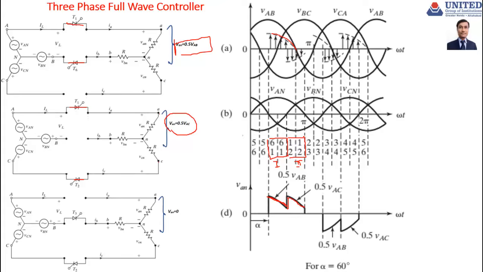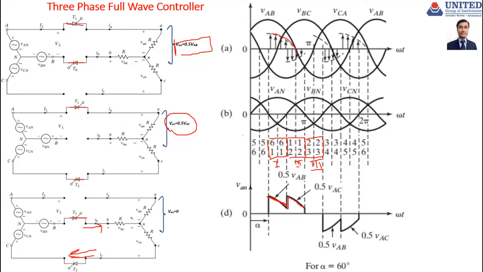Now consider the third interval. When thyristors T2 and T3 are conducting, we see that no line voltage appears across the phase AN.